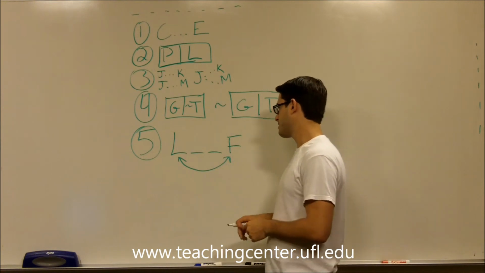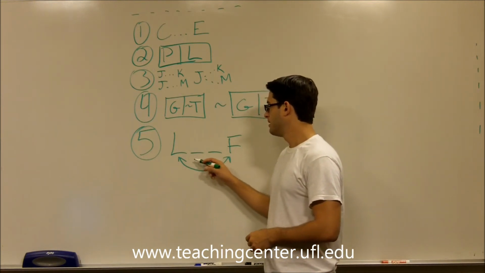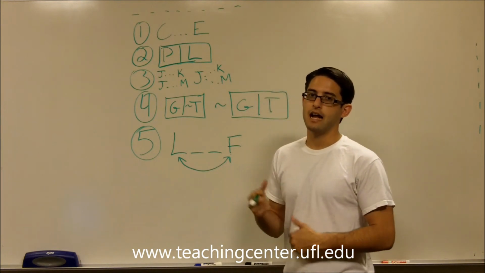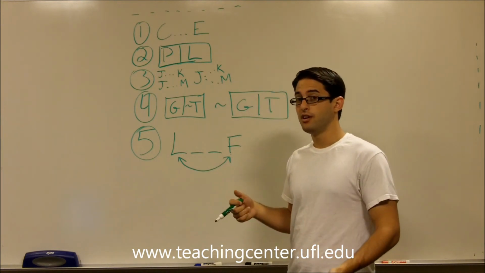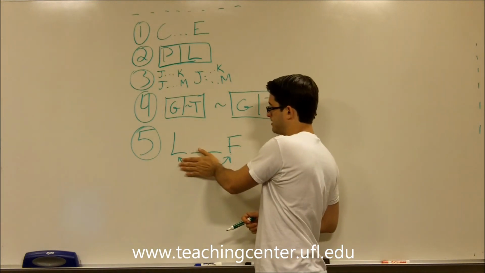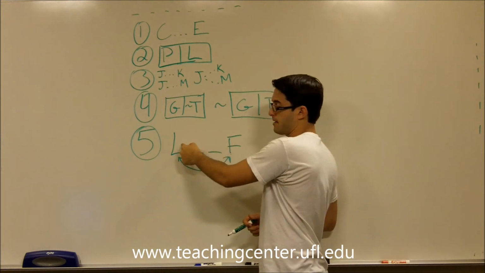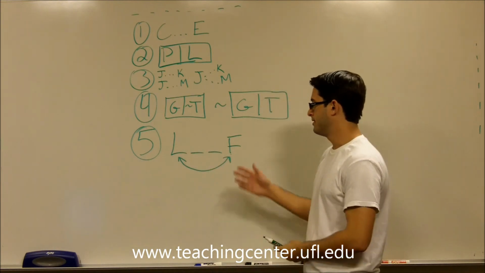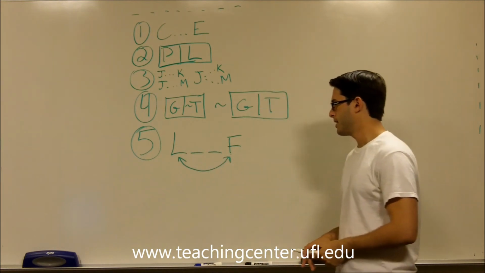So you have to make sure that you remember that this doesn't have to be this way. Now if it says Larry comes before Frank and there has to be at least 2 people between them, then you wouldn't write this arrow, and it would just be Larry before Frank with 2 people. But since it doesn't give you that, then that's how you would have to write it.